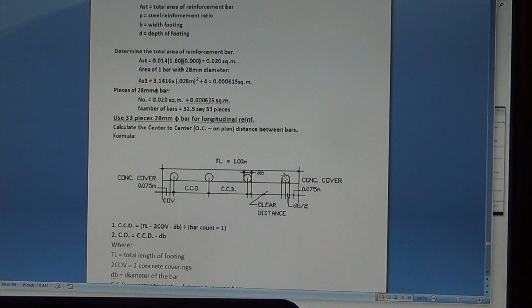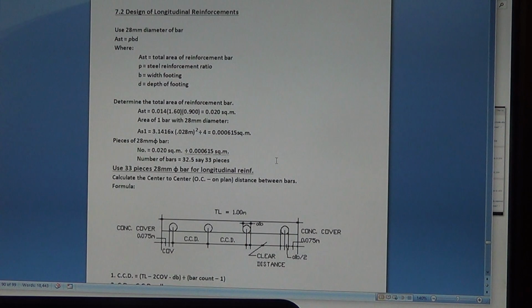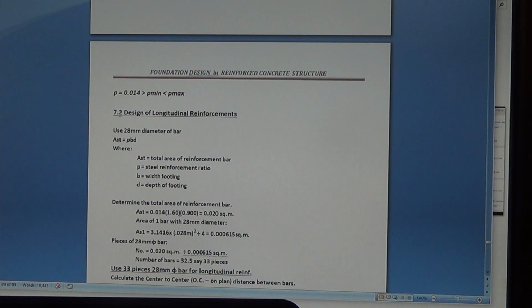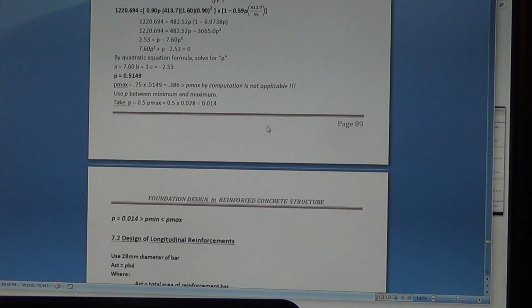Okay, so some of the reinforcement will be bundled when you have a very close distance, less than 40 millimeter. Okay, this is the size of longitudinal reinforcement. That's the bottom of the column.